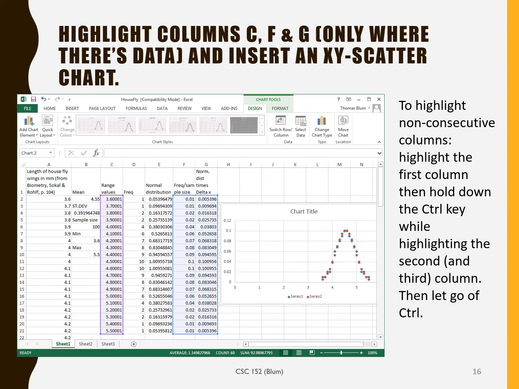And so that's columns F and G. Remember, when you are highlighting cells that are not next to each other, you use Control. So you can highlight column C and then hold down Control and highlight columns F and G, and then let go of Control once you have everything highlighted, and then go on to make an XY scatter graph.